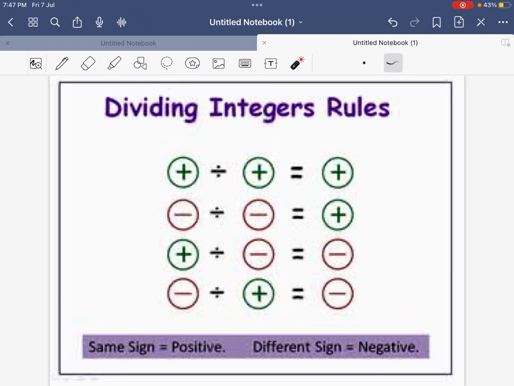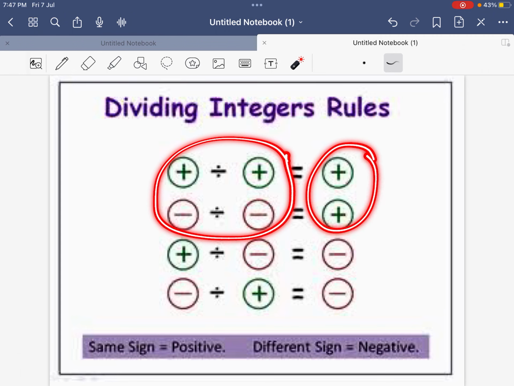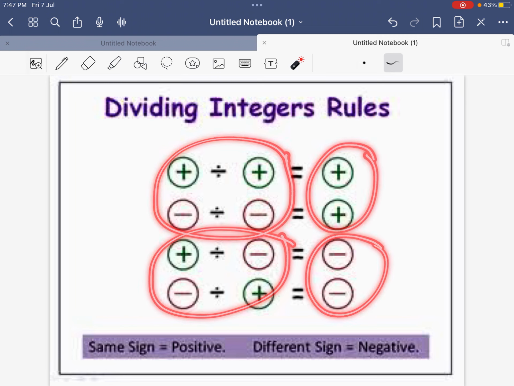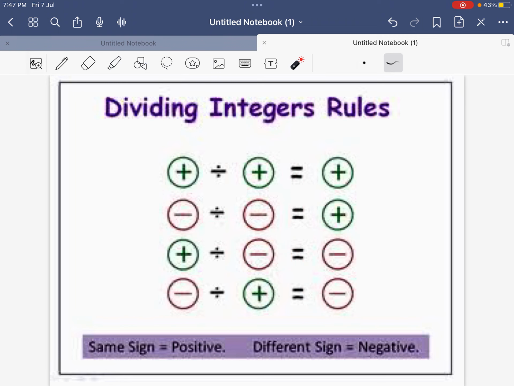And if positive positive, then positive, and negative negative, your answer is positive. So always keep in mind plus plus, minus minus: if same signs are there, then you will get a plus, and if opposite signs are there, then you will get a minus.